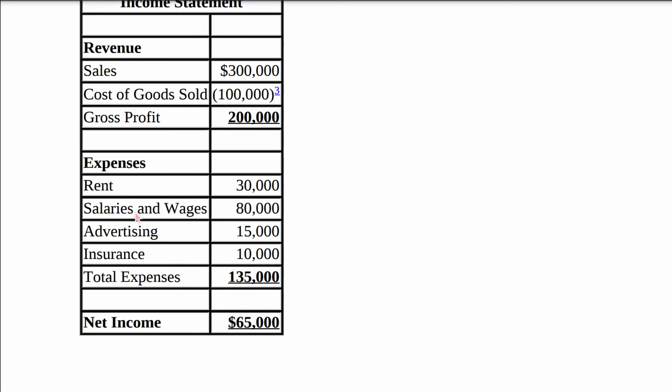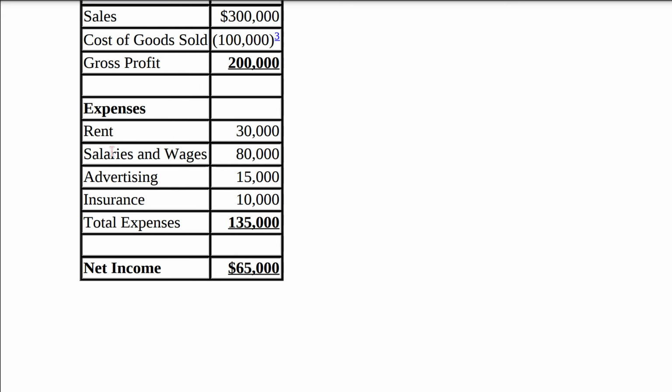Under expenses you can see utilities expenses like electricity or water charges, rent for the warehouses or buildings you are using for your business, salaries and wages which you provide to your employees, advertising expenses which you bear for promoting your goods or services, and insurance. All these kinds of expenses come under the expenses tab.